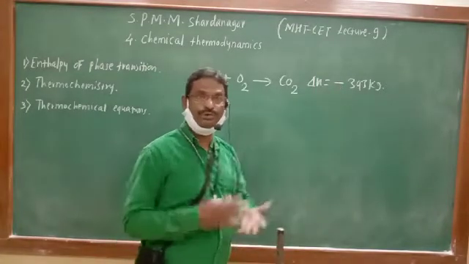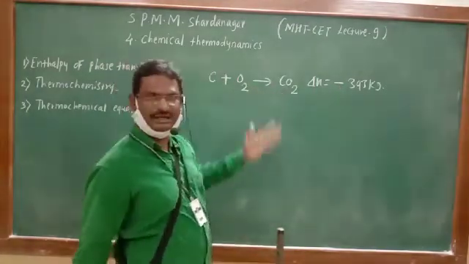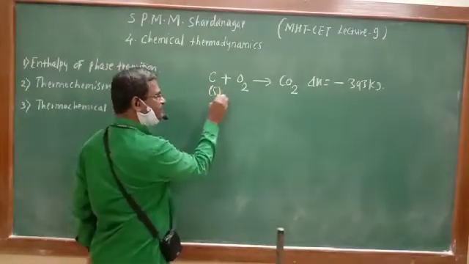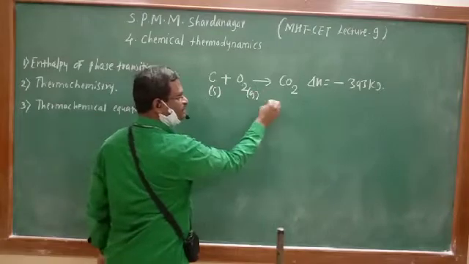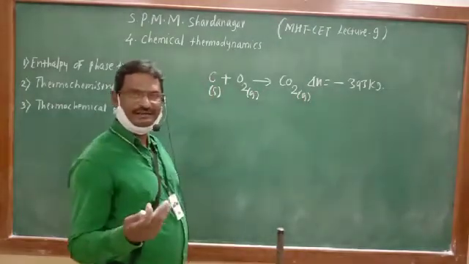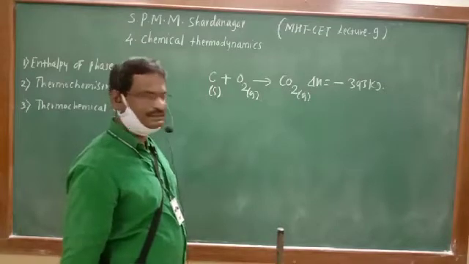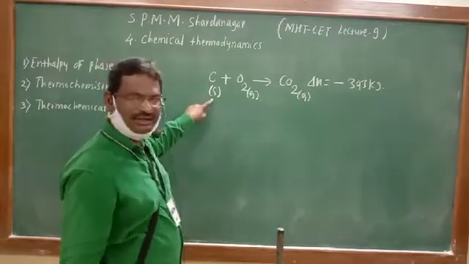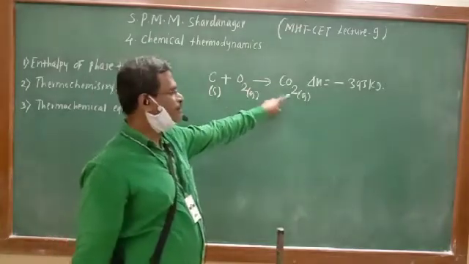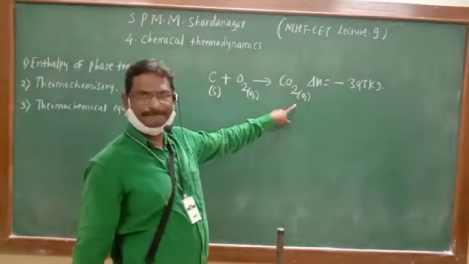Do you know the states of reactant and product here? No, we don't know. But if I write C(s) + O2(g) giving CO2(g), now you can tell me easily the states. Carbon is present in solid state, oxygen in gaseous state, CO2 obtained in the gaseous state.